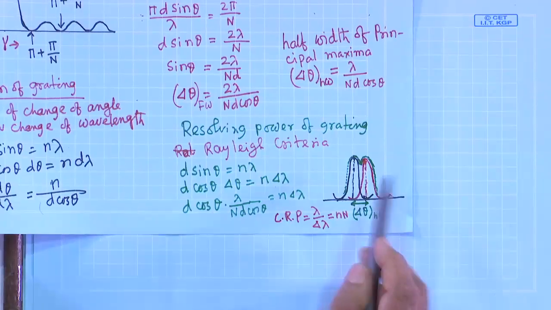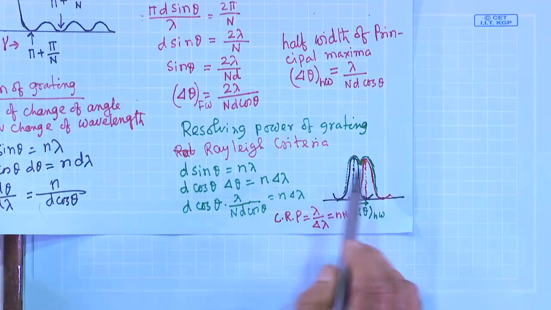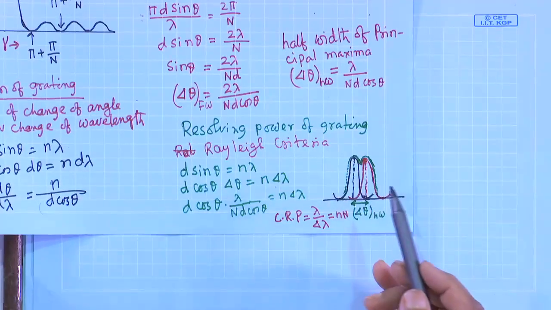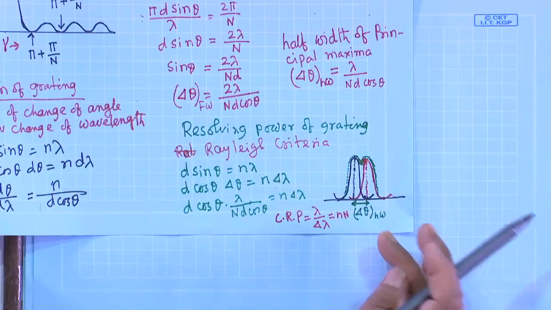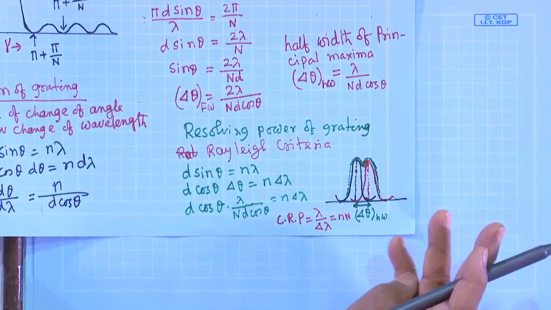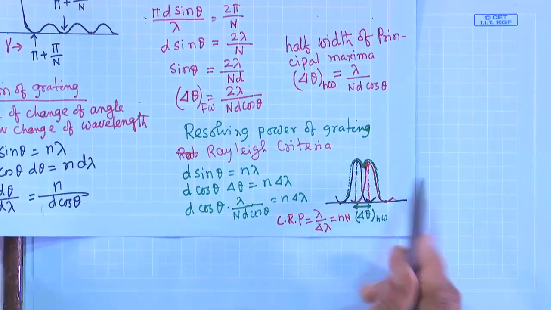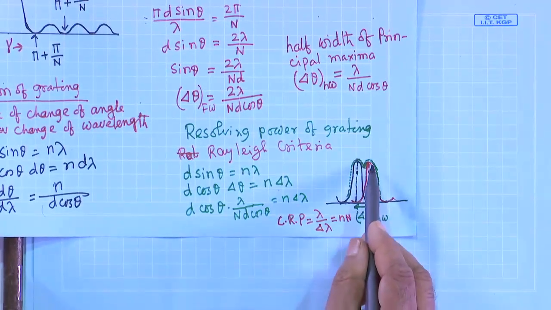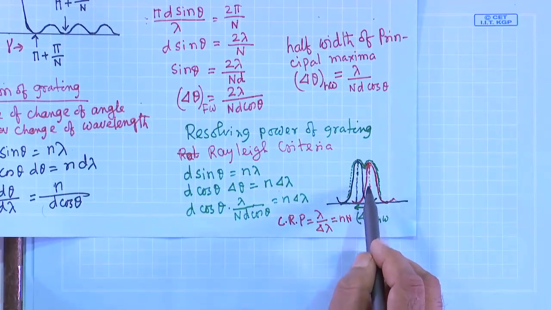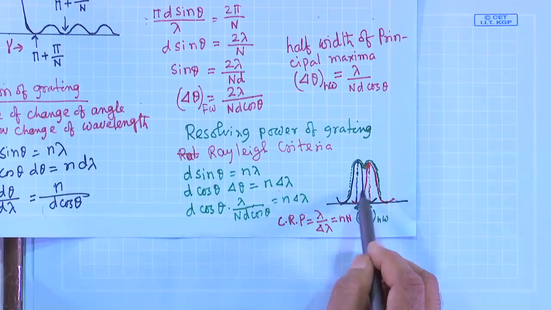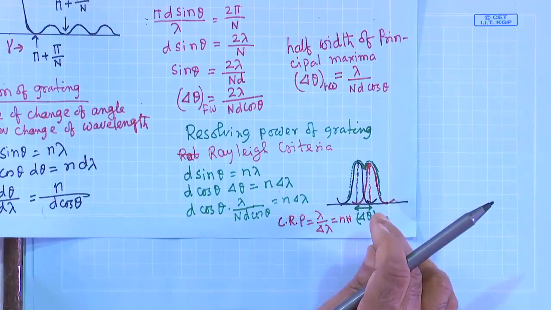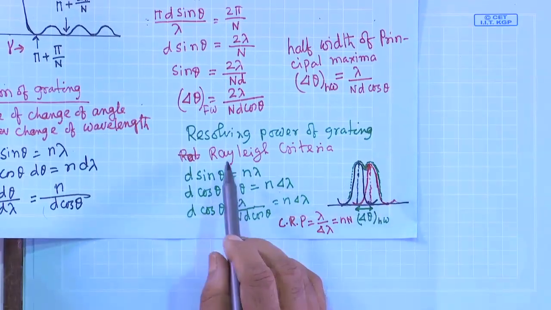If the separation is less than that, we cannot see them separately; it looks like one broadened peak. If the separation is greater than that, obviously they are seen easily. So, minimum we need this separation. When the maximum of one principal maxima coincides with the minimum of the other, or vice versa, then they can be resolved. That is called the Rayleigh criterion.